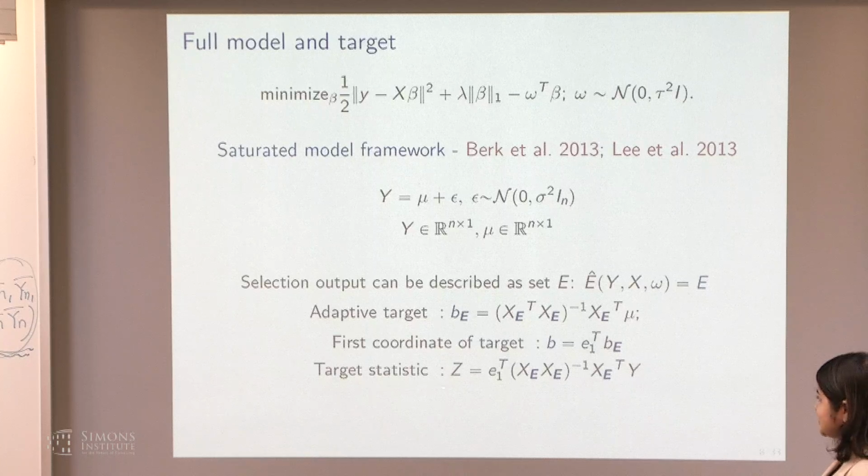So my target statistic, I start with a naive statistic which we all use for inference, which is the first coordinate of the least squares estimator projected onto the selected subspace of X.